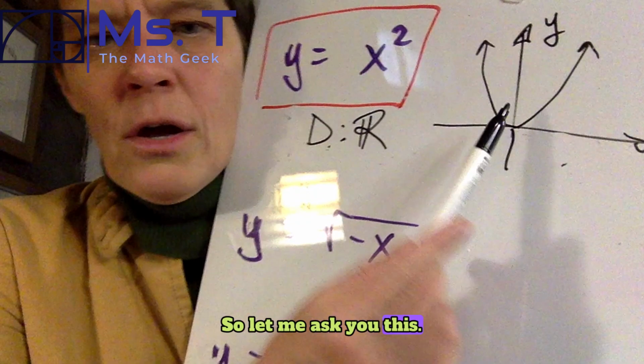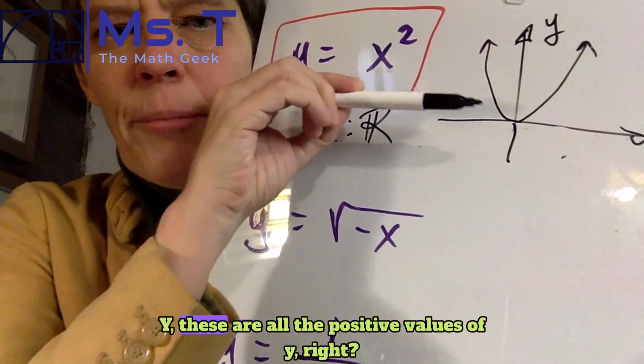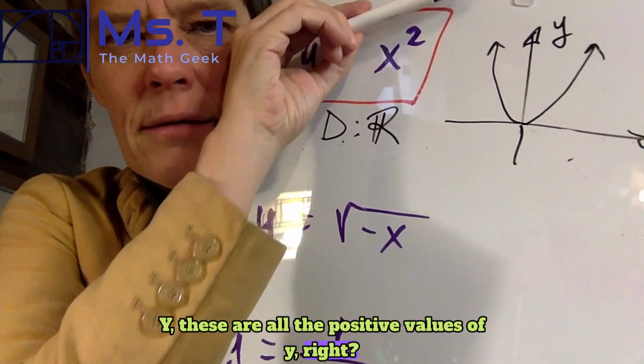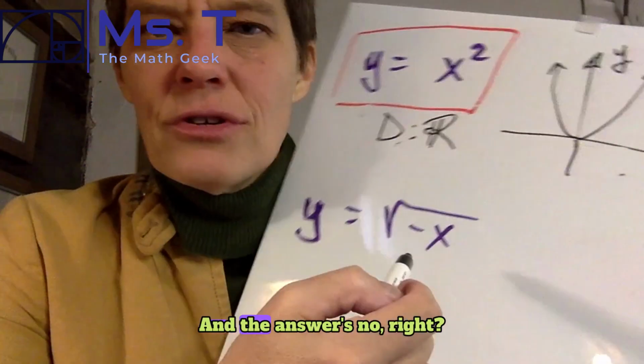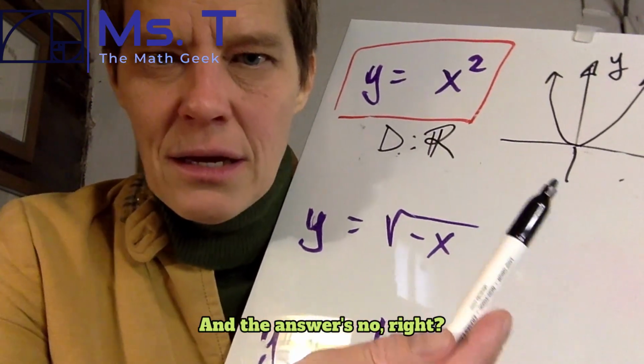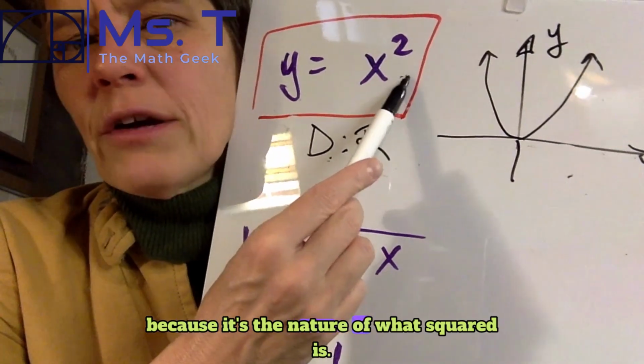So let me ask you this. Now, the range is y. These are all the positive values of y, right? Will y ever be down here? And the answer's no, right? Because it's the nature of what squared is.